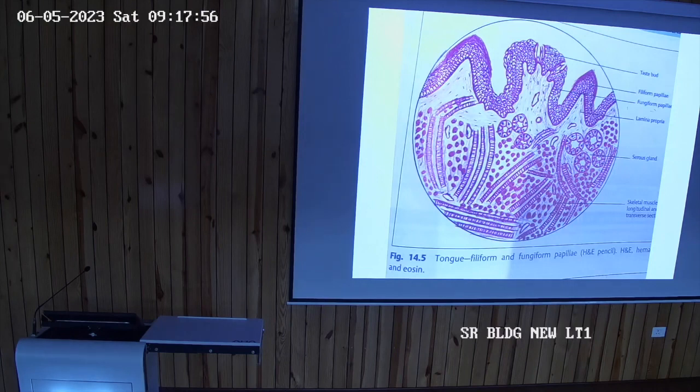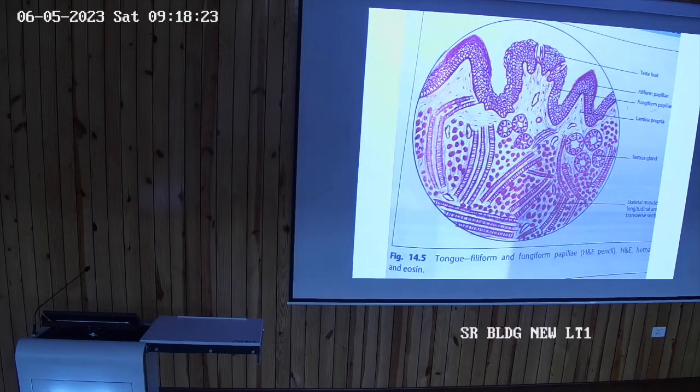But one thing is very important here: the maximum part of the dorsal and ventral surface of the tongue is lined by stratified squamous non-keratinized epithelium. But at one type of papillae, which is cone shaped, look here, that we call the filiform papillae, the tip is slightly keratinized.